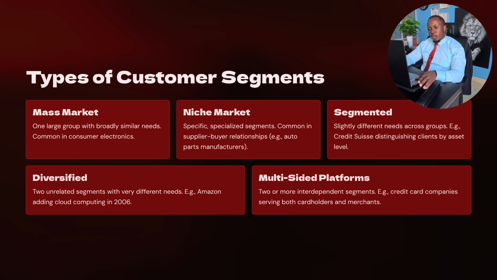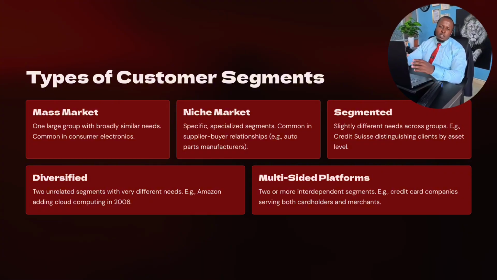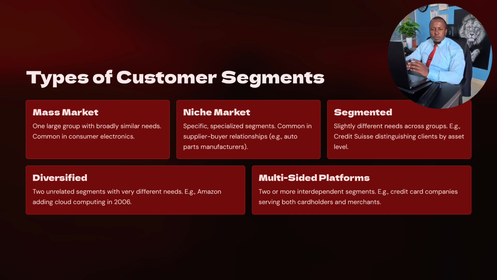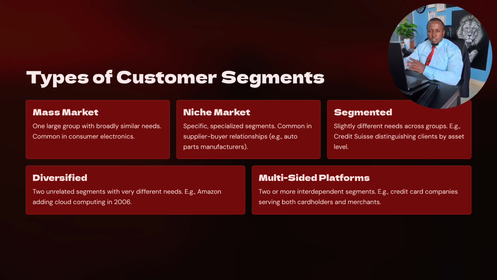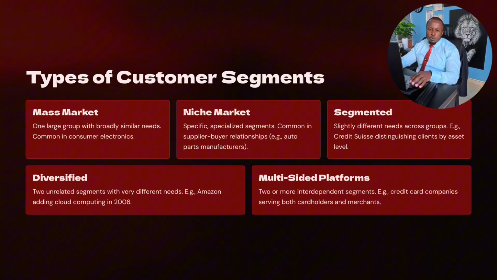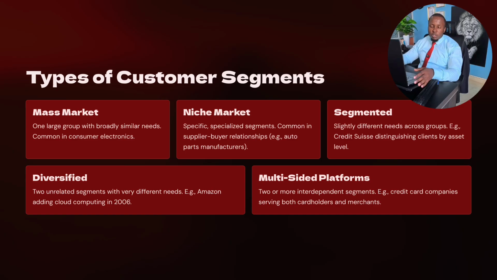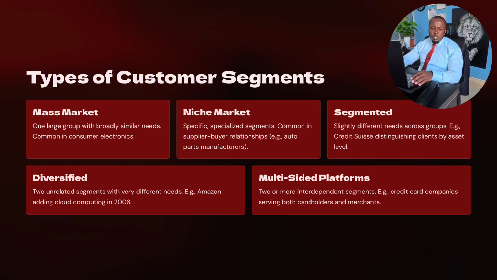These are two unrelated segments with very different needs. You might find your business is serving two different segments who have totally different needs. For example, Amazon has the e-commerce platform, but is also strong in Amazon Web Services. You might also think of alternative businesses within your area serving two distinctly different customer bases.